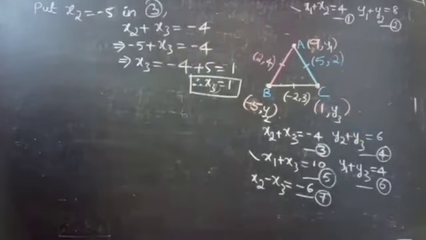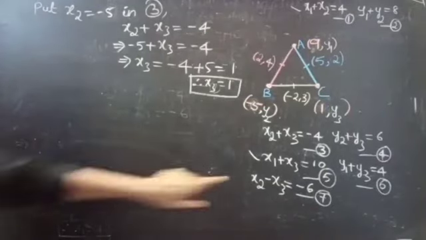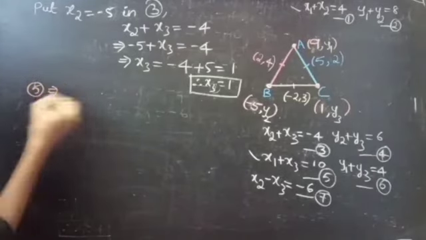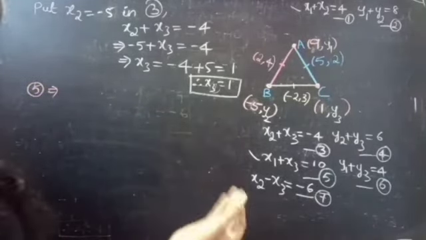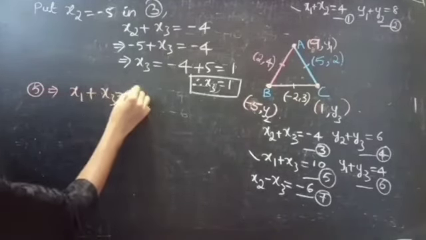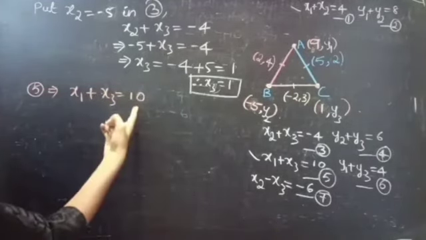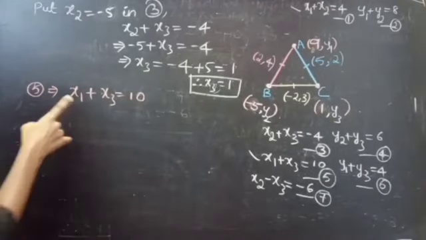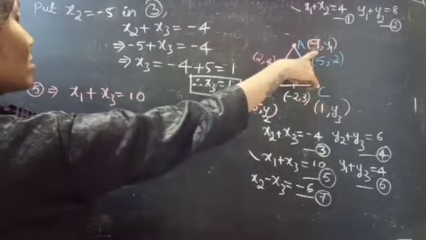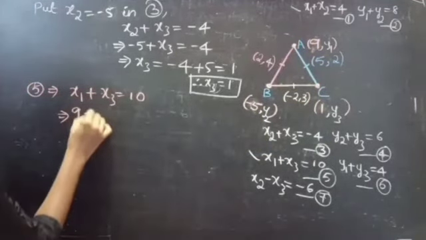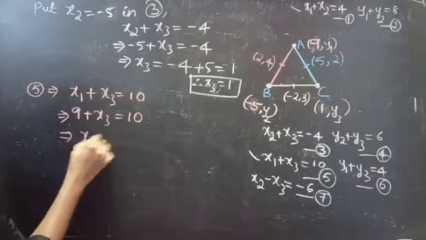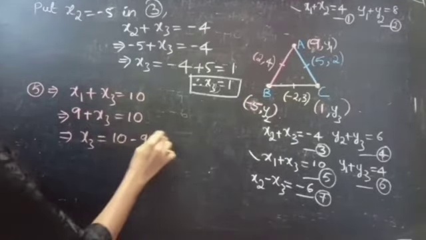Now we are going to check whether the value of x3 is correct or not. You have equation 5: x1 plus x3 equals 10. Substituting the value of x1, 9 plus x3 equals 10, so x3 equals 10 minus 9, which is 1.